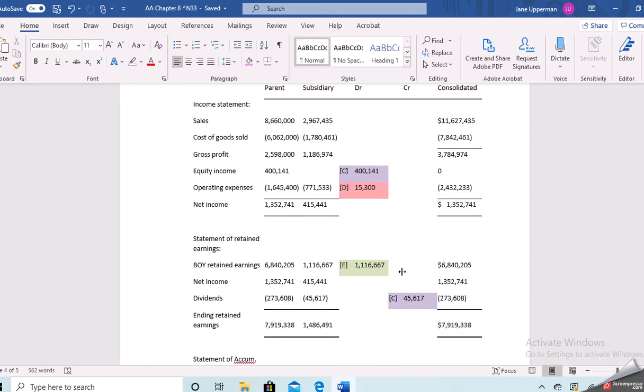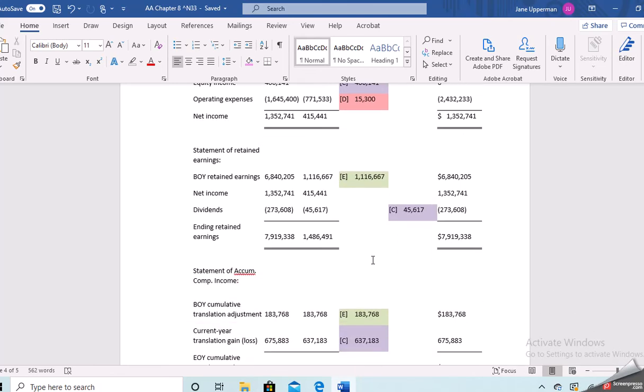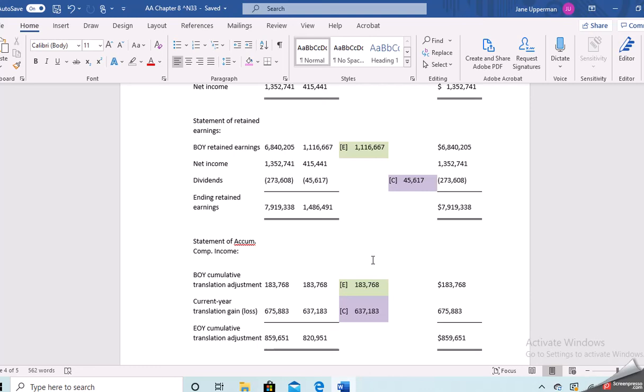Then we come down to our consolidated financial statements and we put them in just like we always do. So again, the only thing that's different now is this section here that's after our statement of retained earnings. It's the statement of cumulative adjustments, and it goes into comprehensive income.